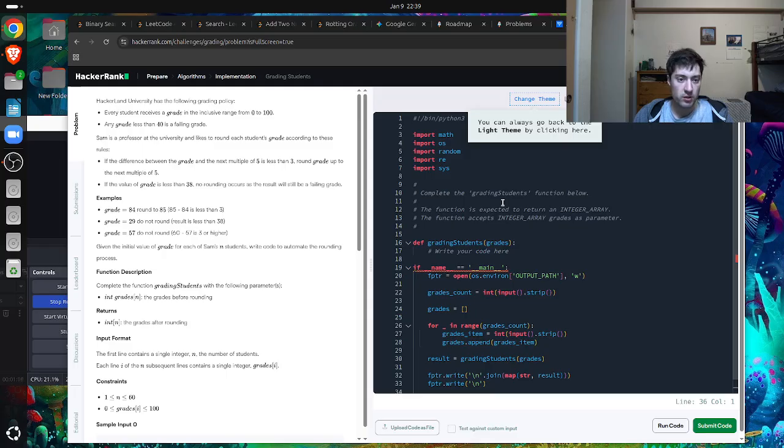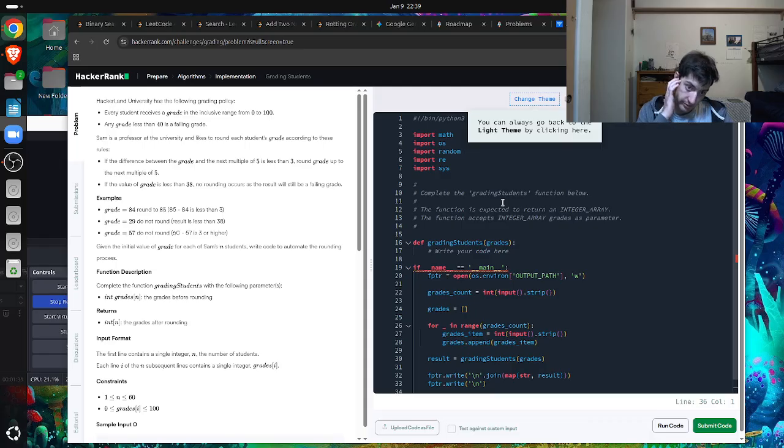If the difference between grade and the next multiple of 5 is less than 3, round grade up to the next multiple of 5. If the value of grade is less than 38, no rounding occurs, as the result will still be a failing grade, okay?